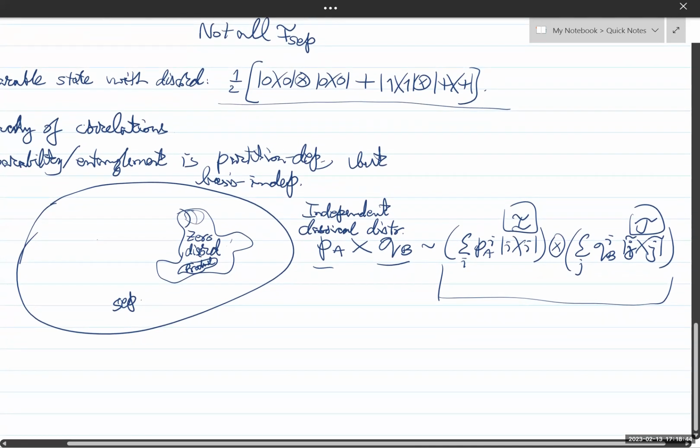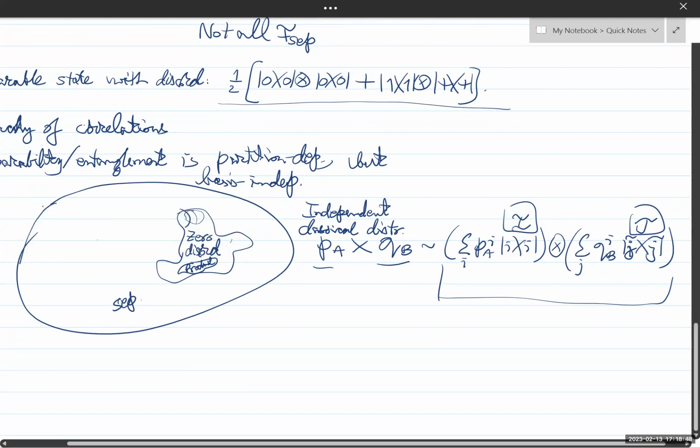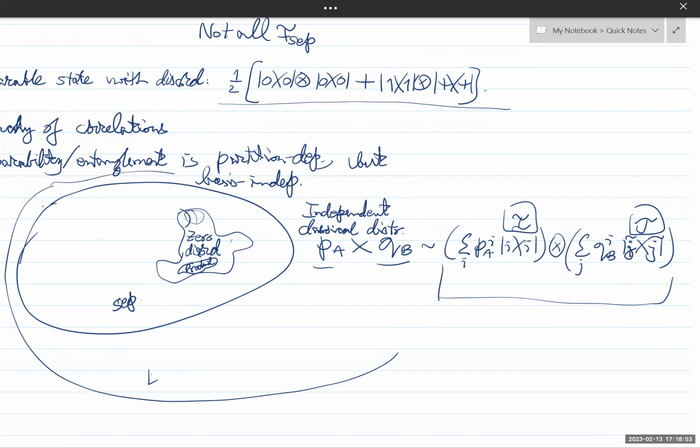Okay, so we have the separable states. And somewhere out there, we have entangled states. So anything outside of separable states, right?